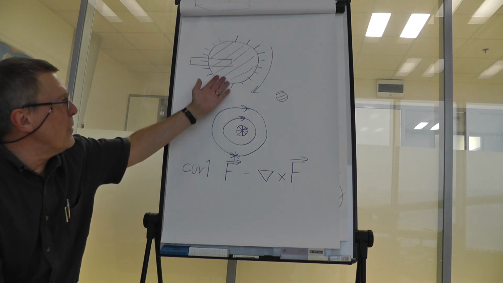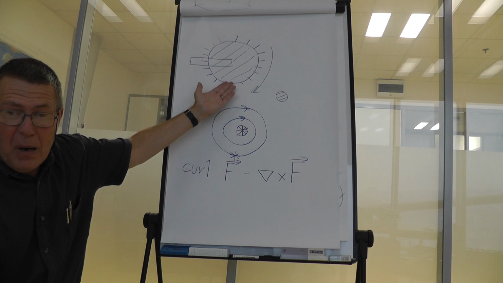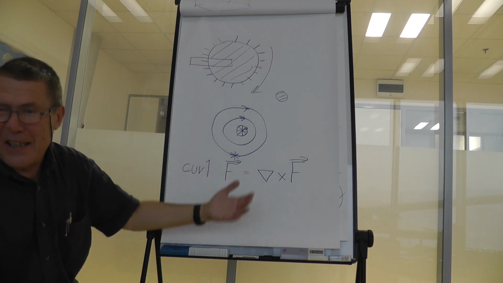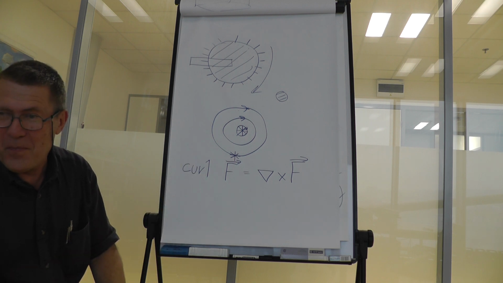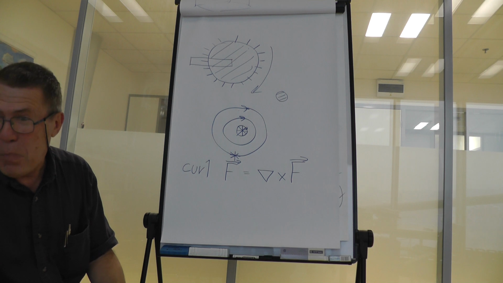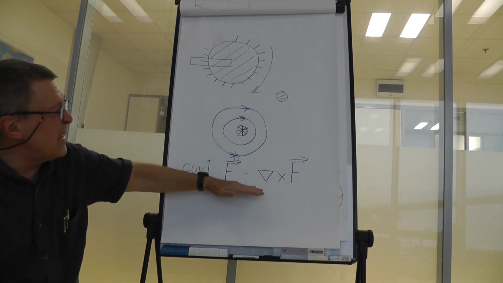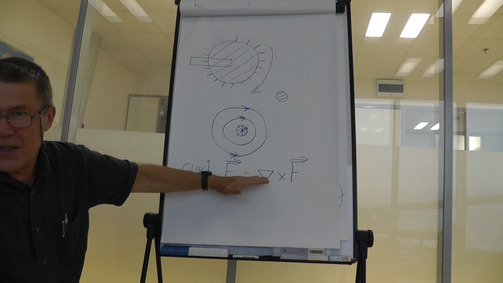So a paddle wheel would be rotated by water, a magnetic field would be created by current, and so on. But that's something we would only approach later. So I tried to give you another view of what circulation is.